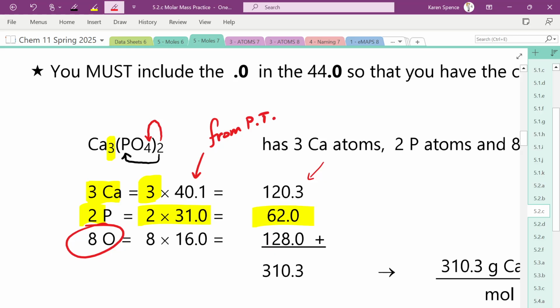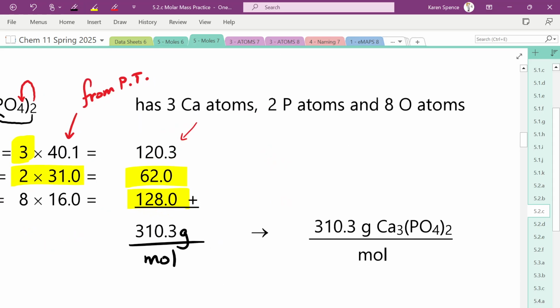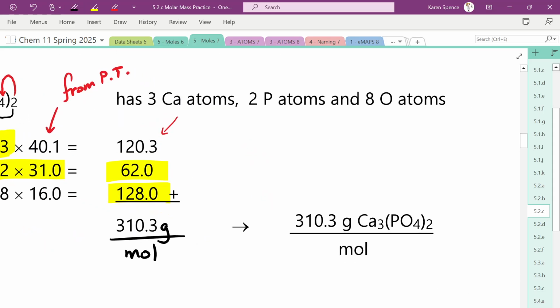So 8 times 16 is 128.0. We add those all together and we will get 310.3 grams per mole. And even better would be if we wrote grams of Ca3(PO4)2 per mole.